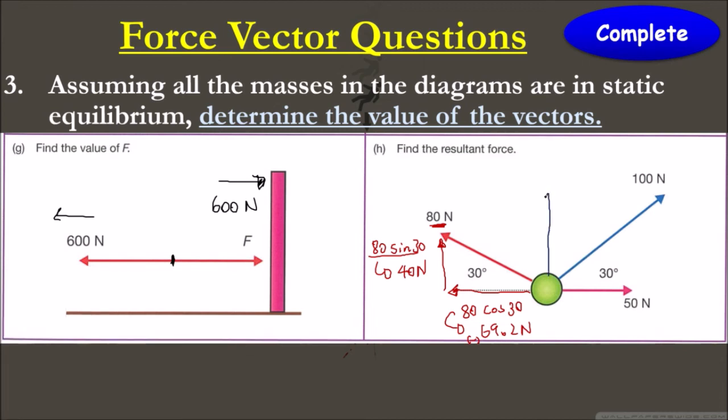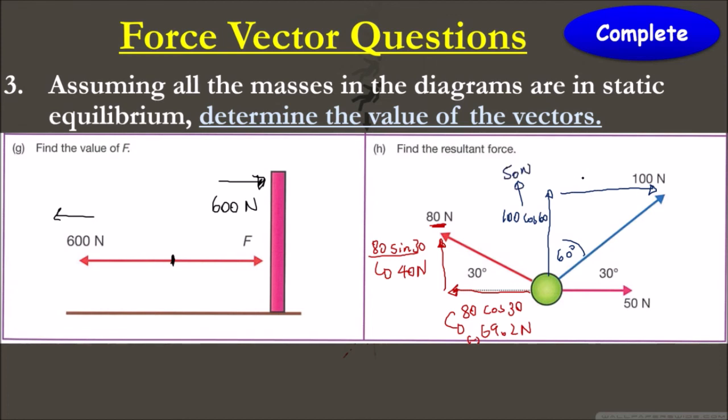We have a vertical component for this blue diagonal line or blue vector, and it is 60 degrees. Again, same idea as the previous question, they should add up to 90. So this is 100 cos 60, and that is about 50 newtons.